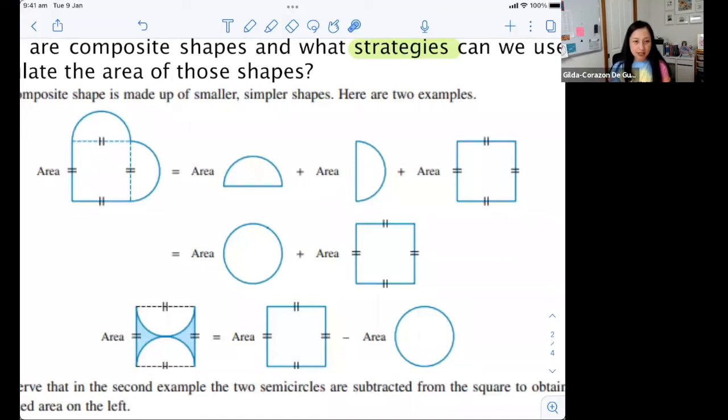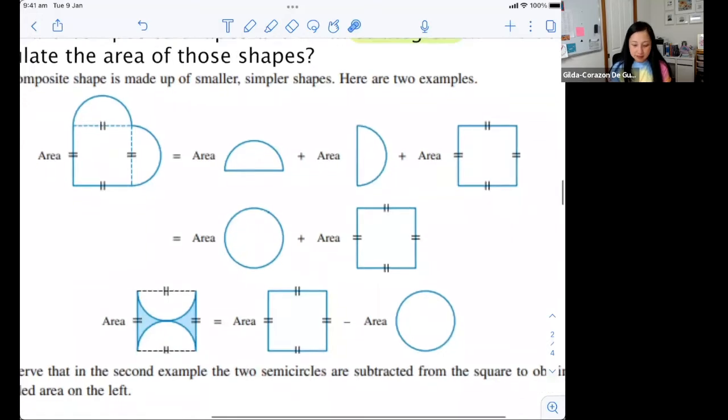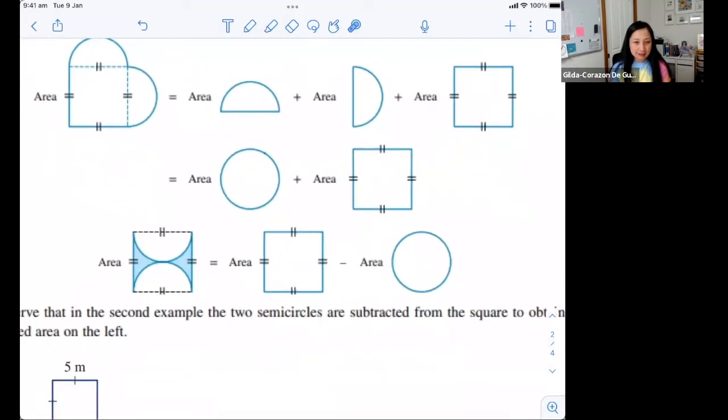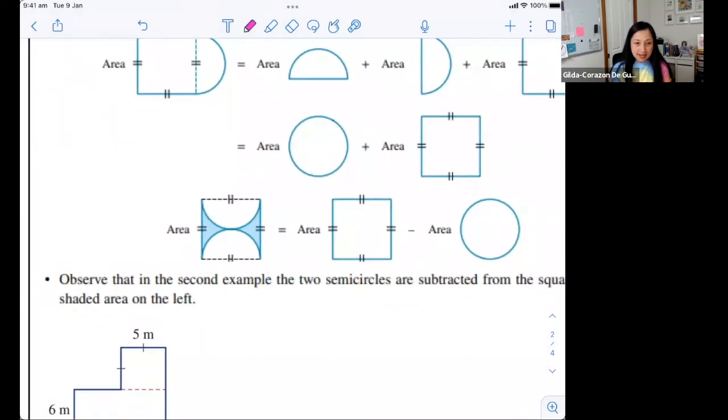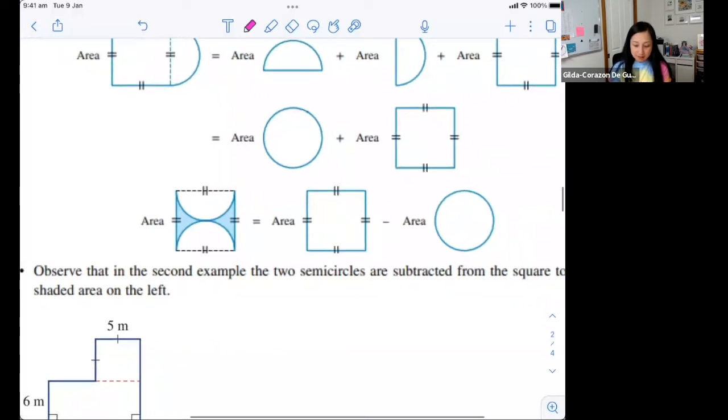Of that composite shape. Okay, now sometimes it's not adding them, but instead looking at it as, is it a shape wherein something was taken out of that shape? Just like if your question here is, what would be the area of the shaded region? Okay, you could probably say, well, that's really just a square, right? Just like that one there.